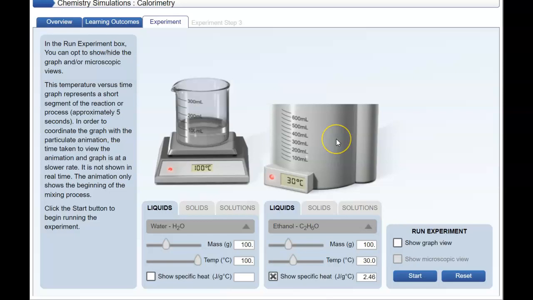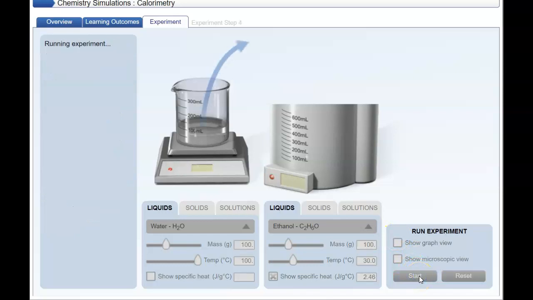Now, in order for us to prove it, we are actually going to use the concept of conservation of heat energy. In other words, we will be transferring all of the water that is being heated up to the calorimeter by clicking start. As we click start, the water here will be transferred to the calorimeter.